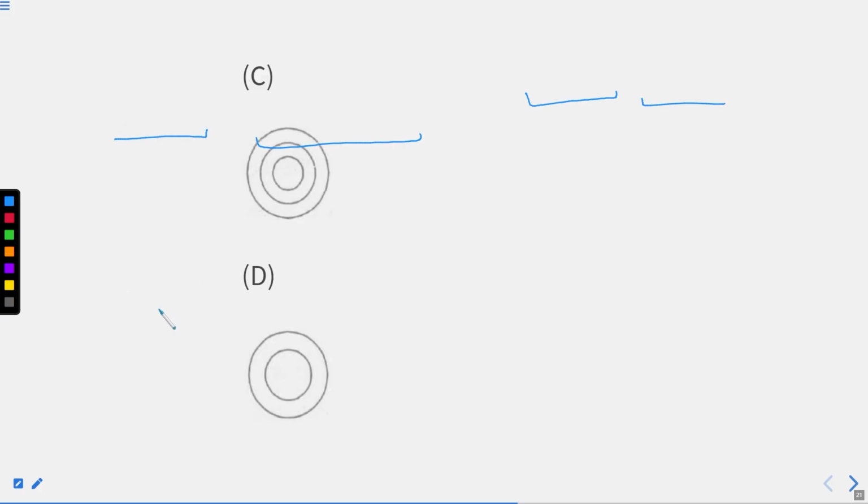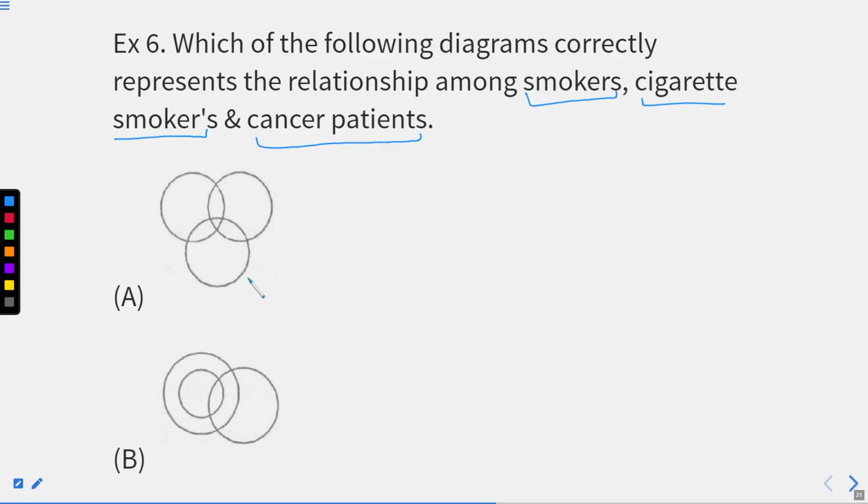So option D is already eliminated because we have three different entities, so we need three circles to represent three things, right? So let's say one circle represents smokers, one circle represents cigarette smokers, and one circle represents cancer patients.